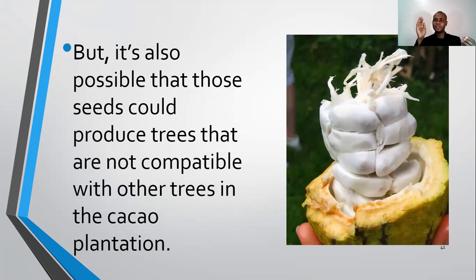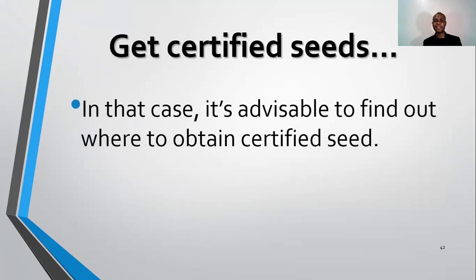The fact that you got seeds from this tree does not guarantee that the seeds also do not have a compatibility problem. But if you cut a branch, you can have the guarantee that the branch is the same as the mother plant. That's one, get certified seeds.